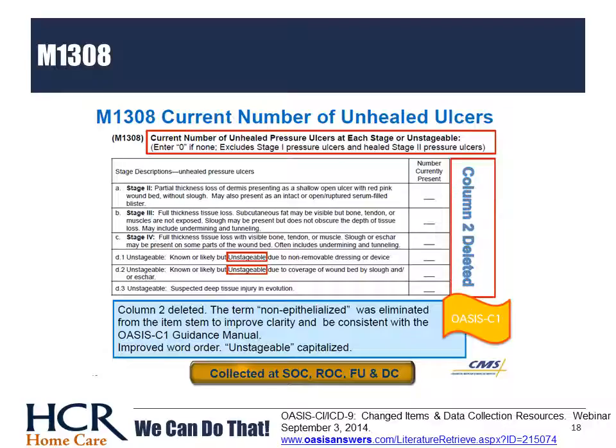You will be listing the current number of stage 2, stage 3, stage 4 pressure ulcers, as well as unstageables because of a non-removable dressing or device, as well as unstageables because they're covered in slough or eschar, and then finally unstageables because of a suspected deep tissue injury in evolution.